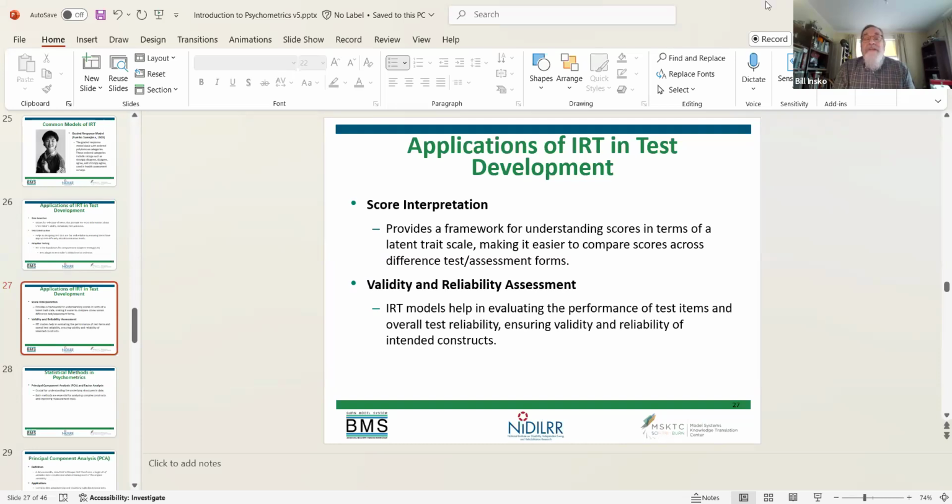And so it really puts the score itself into a much better perspective in terms of what it's measuring. With that being said, that sounds a lot like validity. And yes, IRT is really helpful for looking at validity and also reliability. Reliability in IRT has a lot to do with information. You can see how much information an item is giving you related to the underlying trait. And so that's very, very useful.